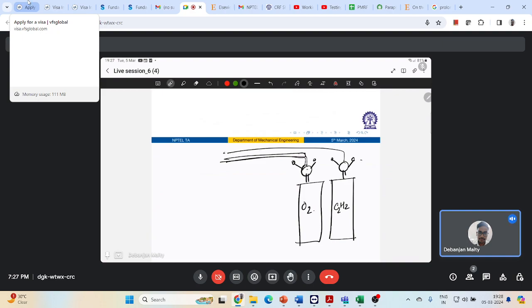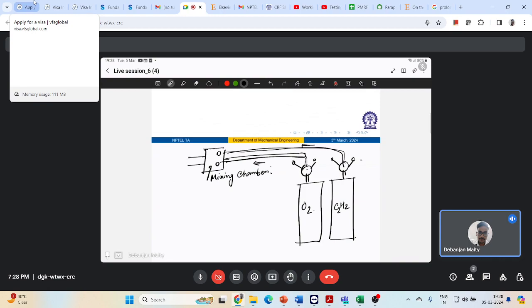From here there will be flow of acetylene gas, right? Then I have some valves over here. So this is basically my mixing chamber where I will mix those two gases and create the chemical flame by the reaction of those two gases, right?